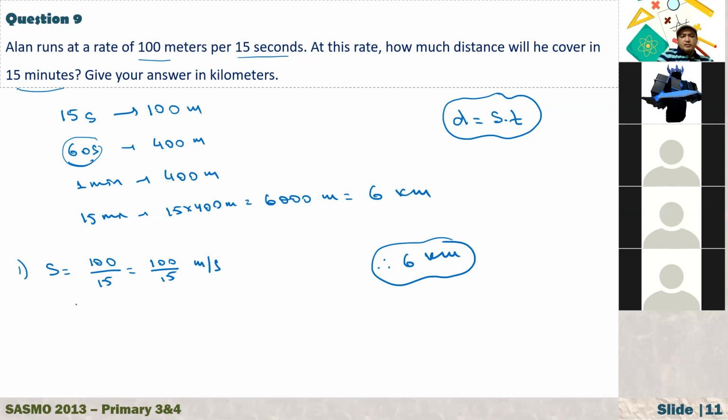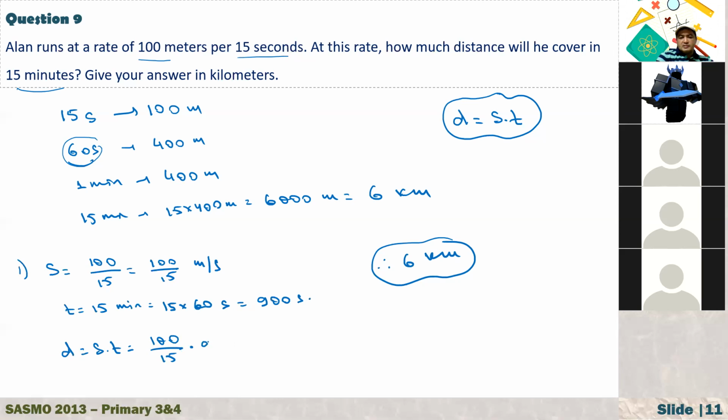Okay. So now you need to change minutes into seconds. 15 minutes is equal to 15 times 60 seconds, which is 900 seconds. Now to find the distance, we should multiply speed by time. What is our speed? 100 over 15, right?